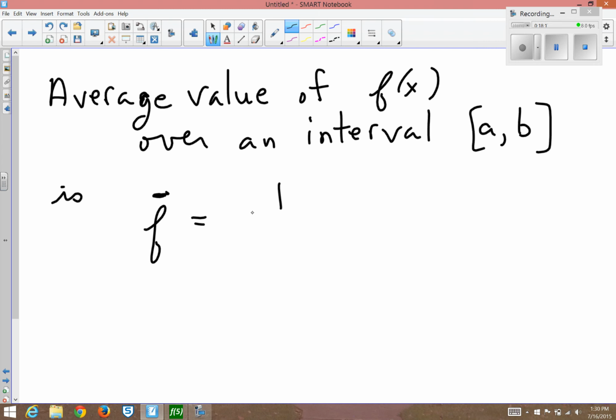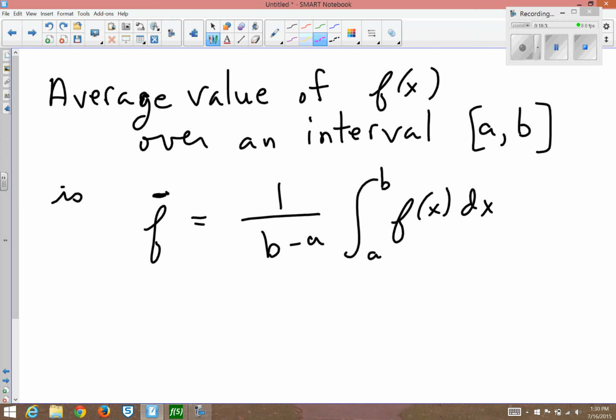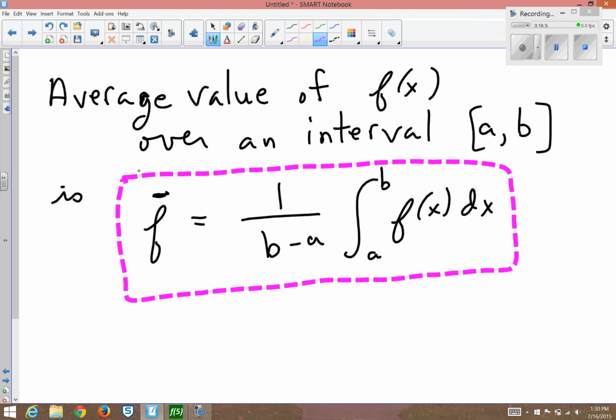It's going to be 1 over b minus a, those are the endpoints of the interval, times the integral from a to b, of the function dx. This is the formula to find the average value of a function over a given interval.